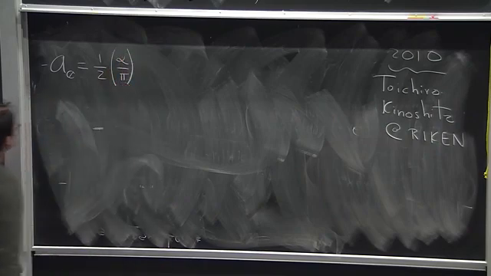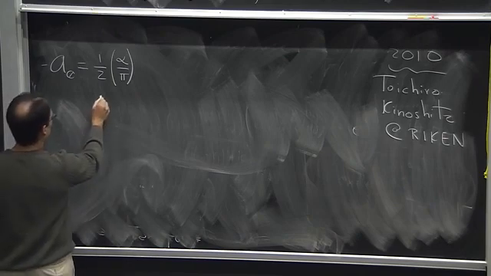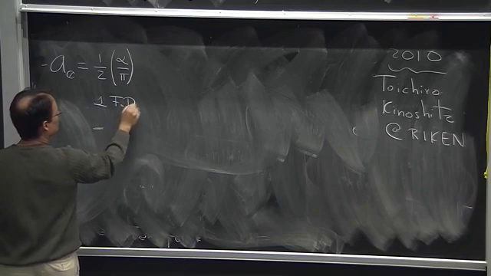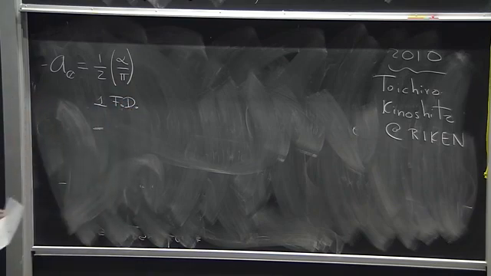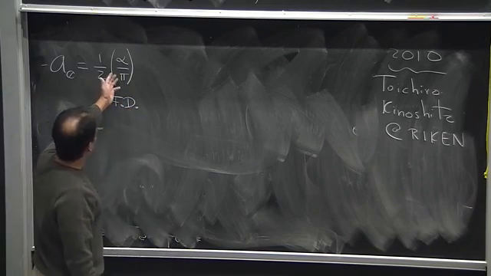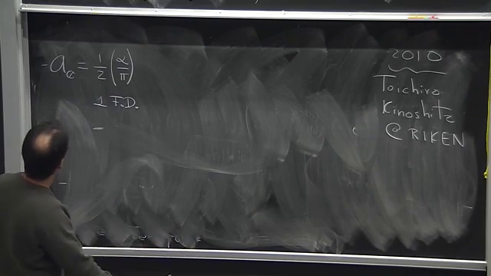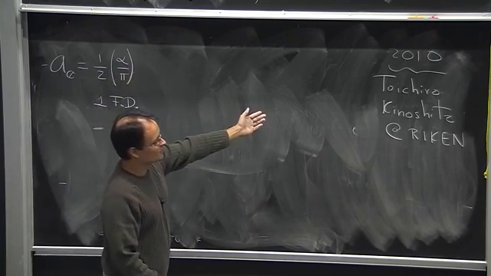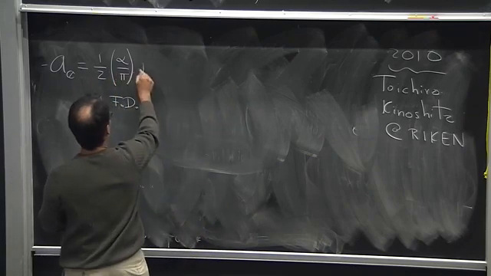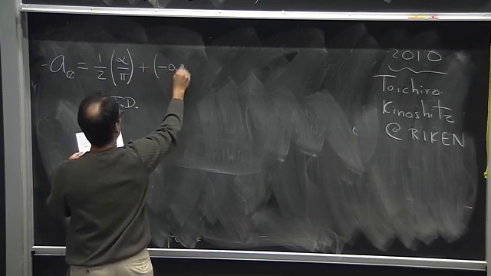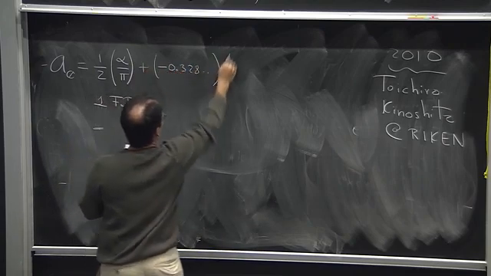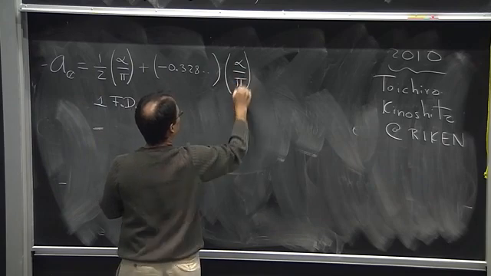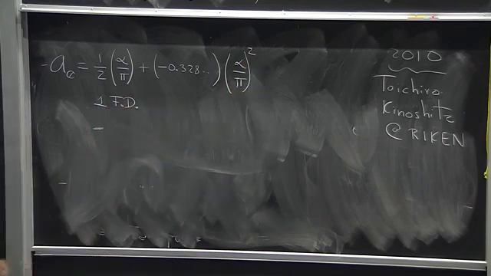So you have the calculation done by Schwinger, calculating one Feynman diagram. Now, we know this is not the right answer because experimentalists beat us, so we have to go to the next order. They found minus 0.328 alpha over pi squared as the next correction.